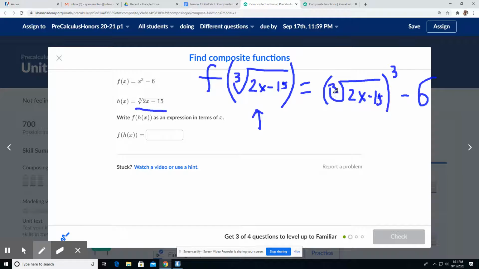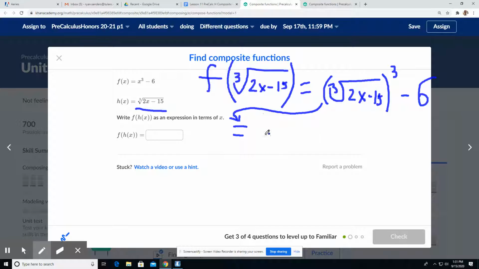The opposite of a cube root is cube, or the opposite of cube is cube root. So those undo themselves. But I wanted to make sure that you saw a different way to represent this, so we can get used to some of the algebra you need for more advanced problems like this.